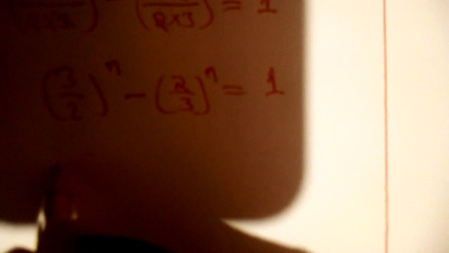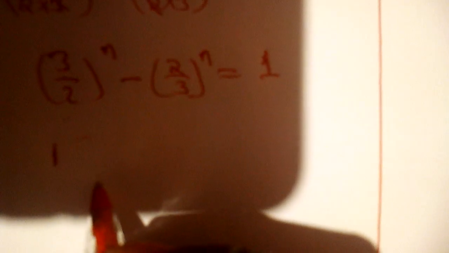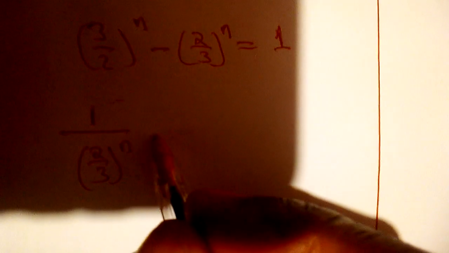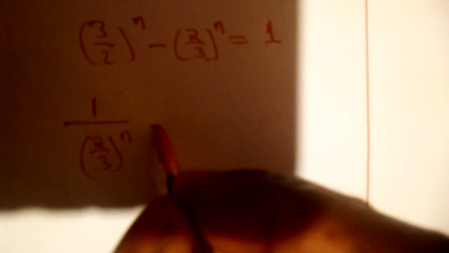If you look at the 3 halves, it can also be rewritten as 1 over 2/3 raised to the n power, and this will subtract the 2/3 to the n power, and this will equal 1.